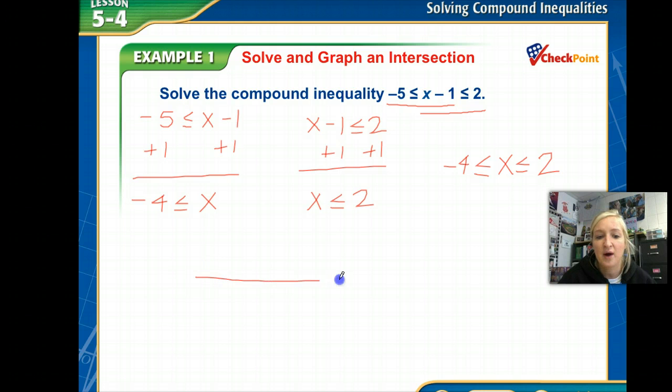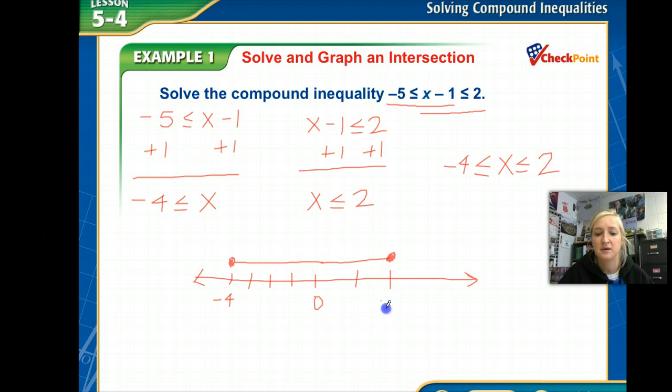So when I have to graph this on a number line, I have -4, -3, -2, -1, 0, 1, and 2. It's a closed circle at -4 and a closed circle at 2. And my solutions are everything greater than or equal to -4, but less than or equal to 2. And that is the correct answer.